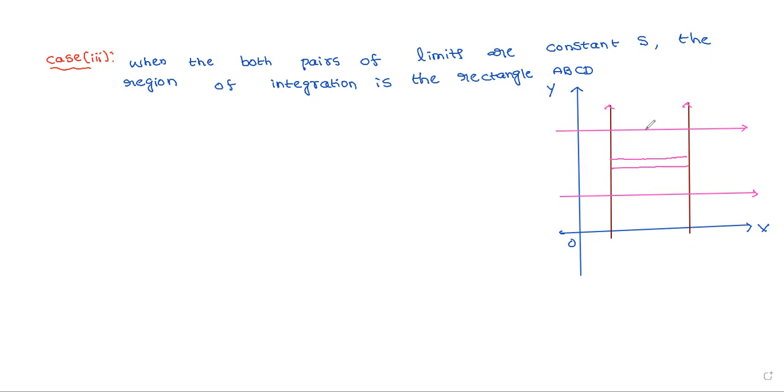This part and this part, and finally this part is found: A, B, C, D, P, Q, R, S.